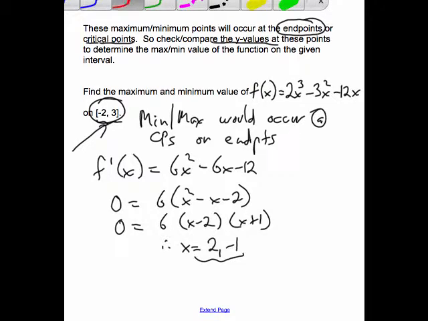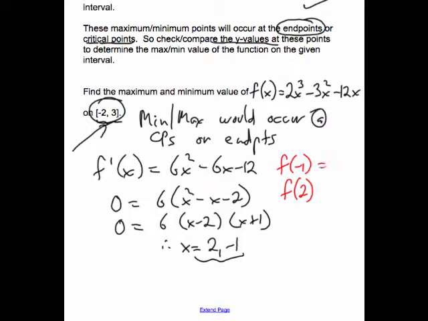Alright, so now we need to compare the y values of the critical points with the y values of the endpoints. The biggest y value we get will be the max, and the lowest y value we get will be the min. So if you plug these values of x in, I've done this in advance, we get these values.